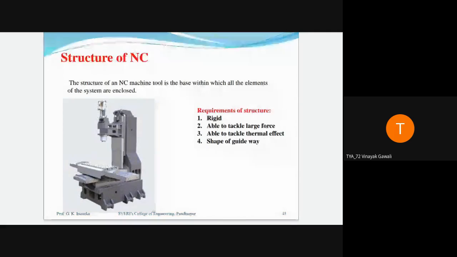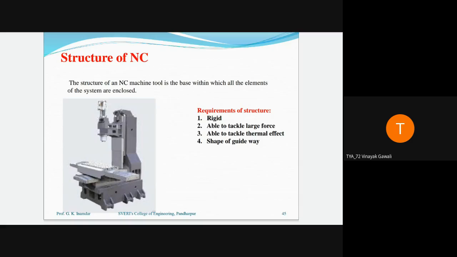Suppose your machine will reach a maximum of 500 degrees Celsius. Then any temperature measurement instrument should be greater than that extreme point. These are some requirements. Being able to tackle thermal effects also.